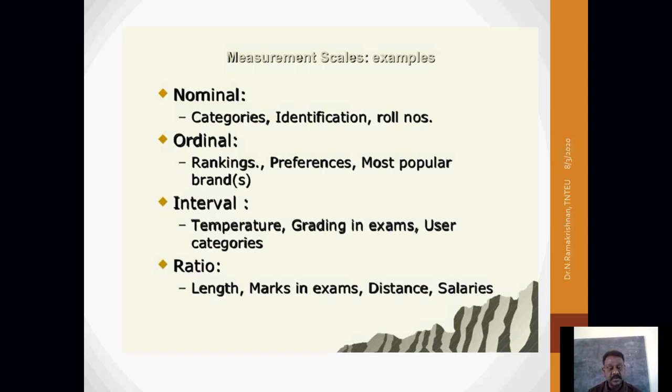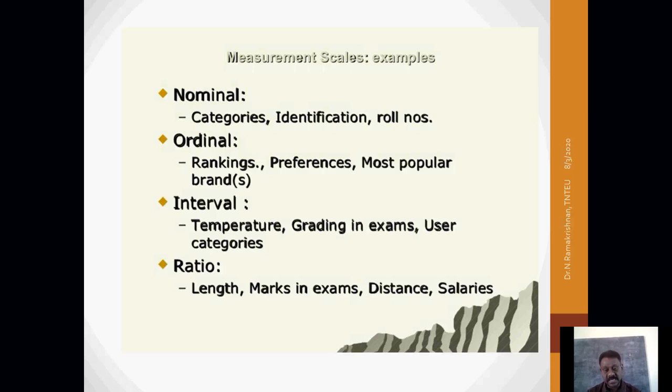That type of scale is known as interval scale, where it has no true zero. So below zero also there are values.